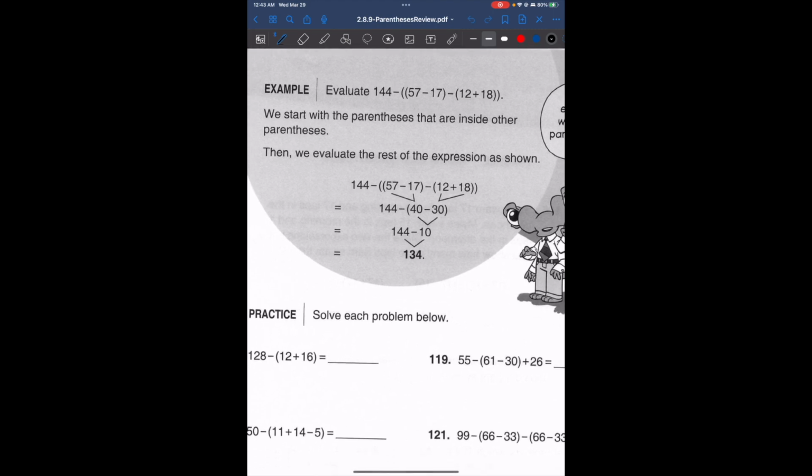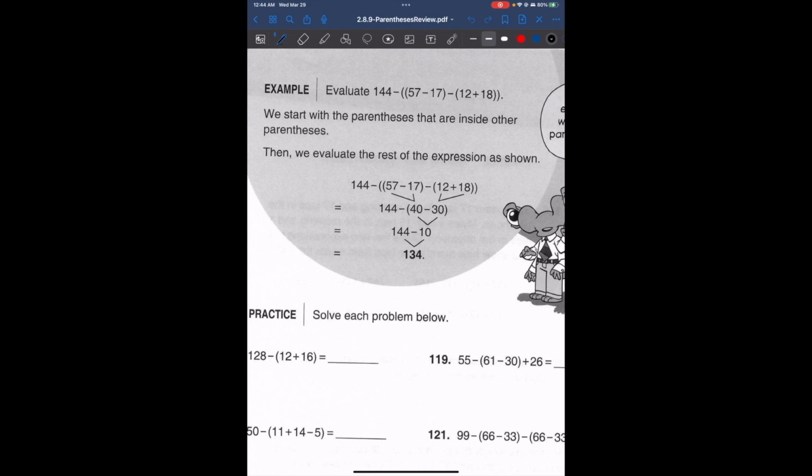The example says evaluate 144 minus (57 minus 17) minus (12 plus 18), and then close the big parentheses. Based on what we remember, we always do multiplication and division first.